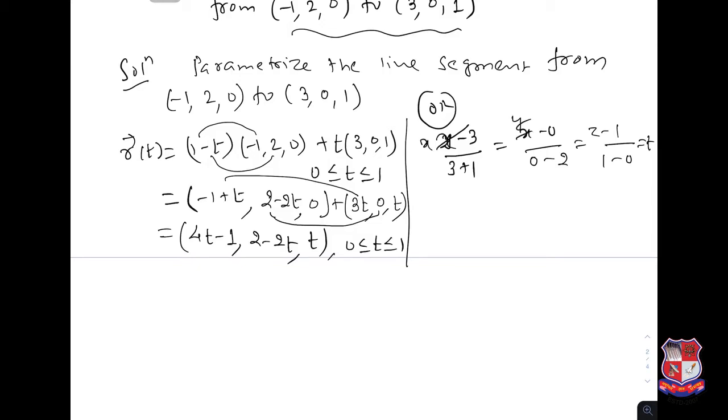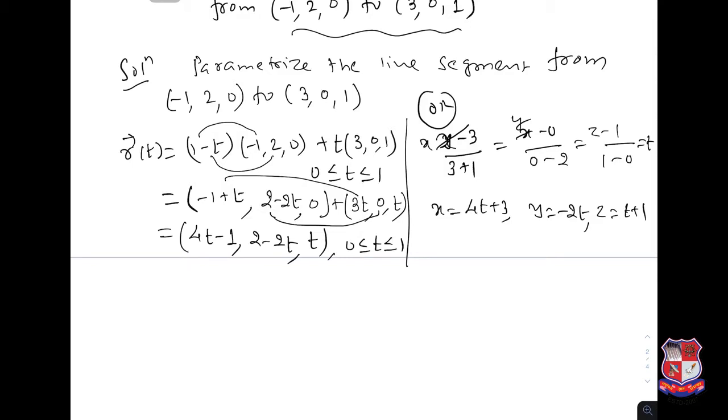So x minus 3 over 4 equals y over minus 2 equals z minus 1 over 1, and that is equal to t. So x equals 4t plus 3, y equals minus 2t, and z equals t plus 1. You can see this parameterization and the previous one look different, but they are in fact the same. If you take t equal to 0 here, you get the second point, and t equal to 1 gives the first point.